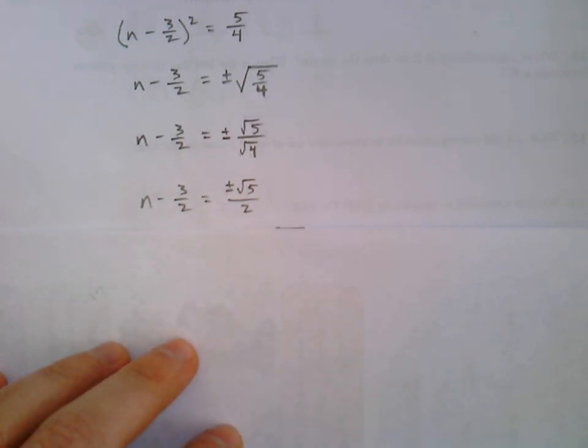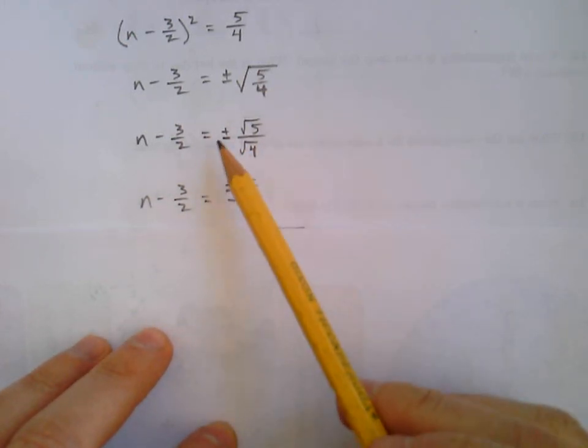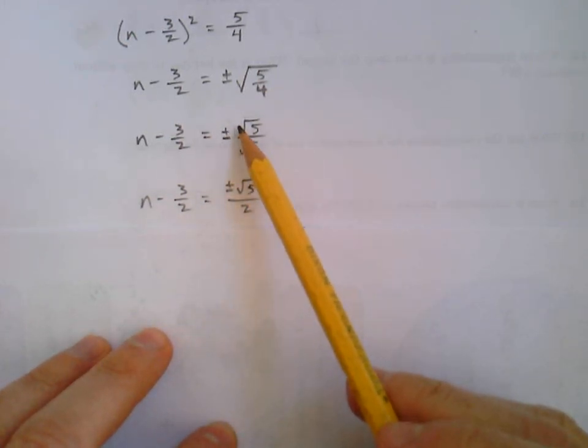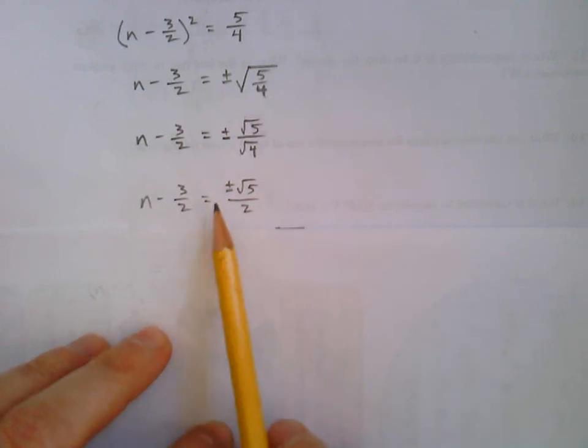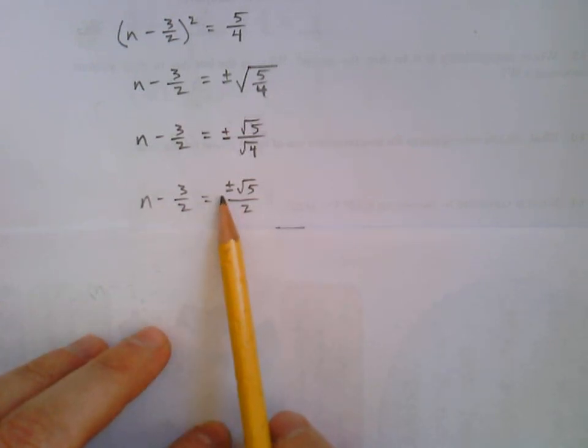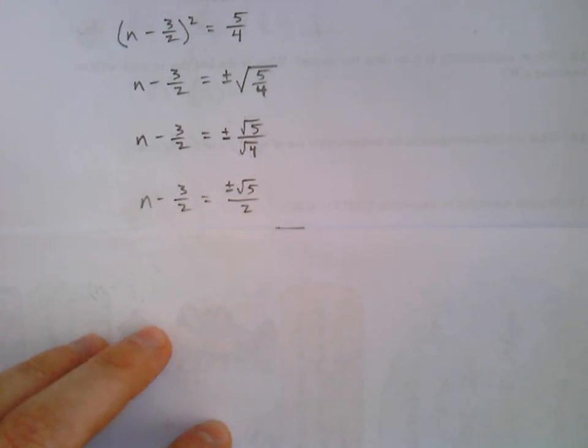Also notice I went ahead here and I just chose to do it at this step, but I took that plus or minus and I actually just applied it to the numerator instead of out front of the fraction. I could have left it out front, but I could move it to the numerator. There's no difference.